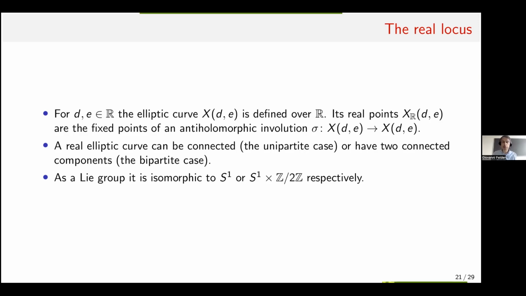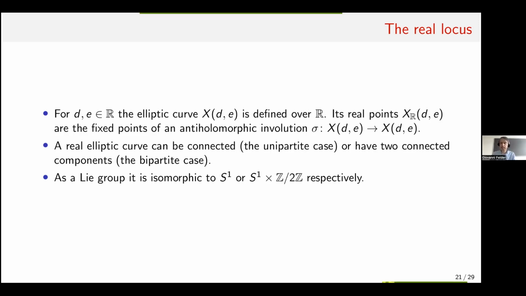One is called the unipartite case, when you have only one connected component, or the bipartite case, where you have two components. As a Lie group, this elliptic curve is isomorphic to a circle, or if it has two components, to a circle times a cyclic group of order 2.